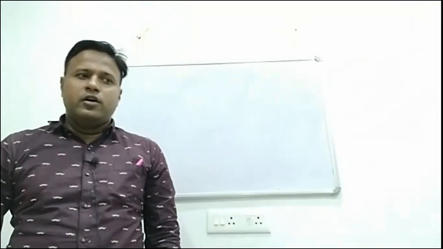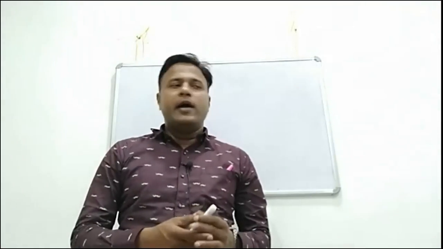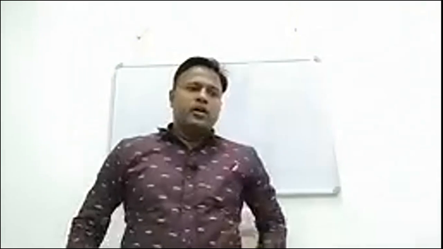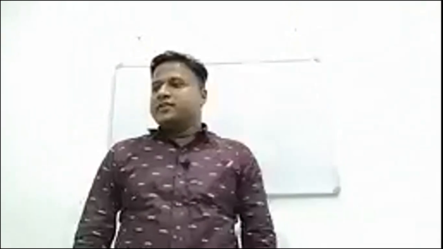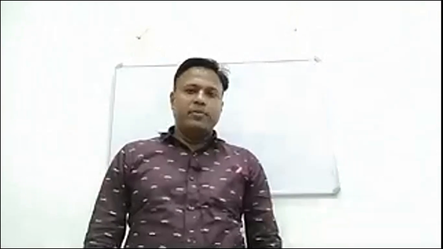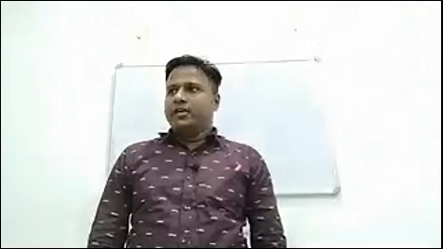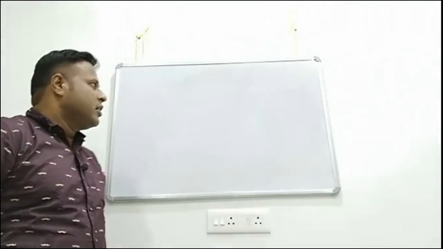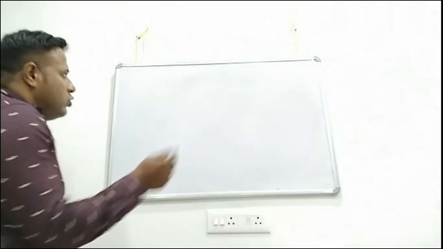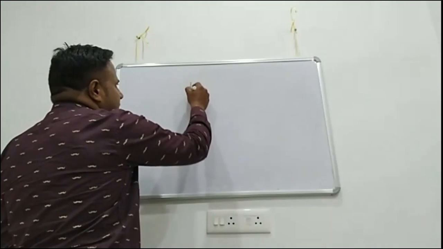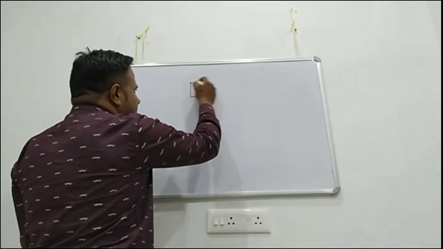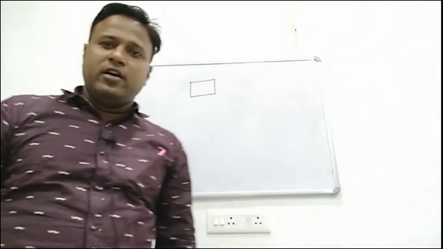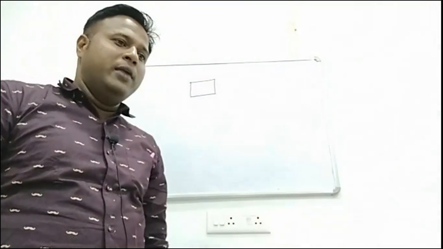Okay, so now I am going to show you the different types of inheritance: single inheritance, multiple inheritance, and multi-level inheritance. In single inheritance, one child class derives its set of attributes from one parent class.